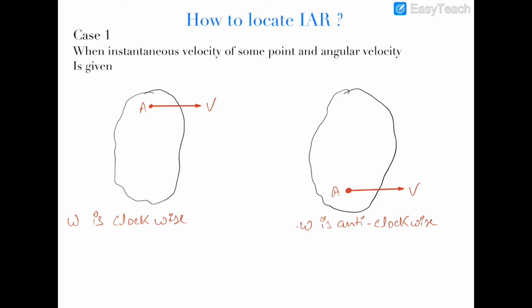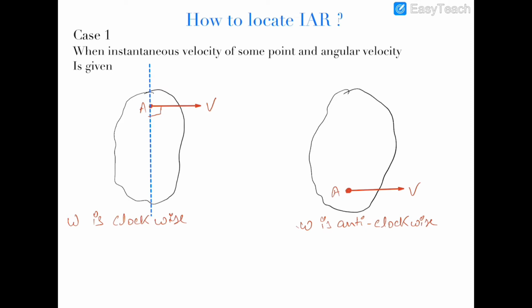We know already that if we have to locate IAR, then IAR is instantaneously at rest and the complete body is assumed to be moving in only rotational motion about IAR. So in the case of only rotational motion, the velocity of any point is always perpendicular to the radius. Let us draw a perpendicular line to this velocity.